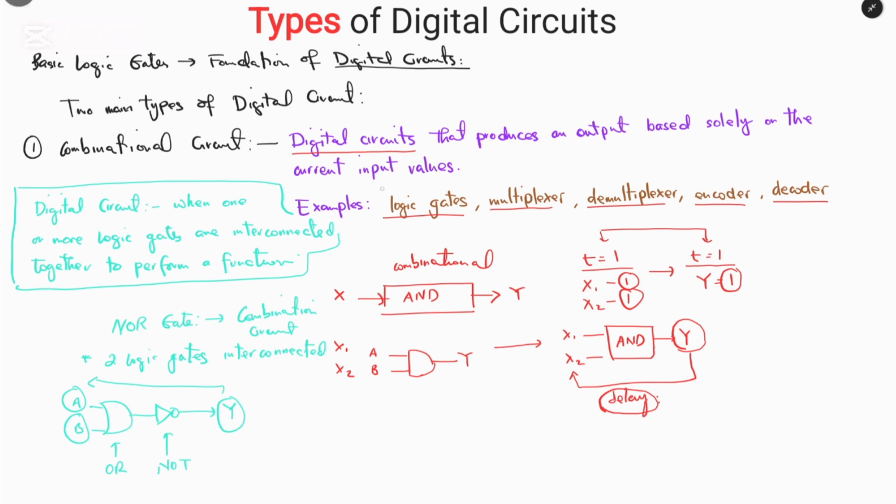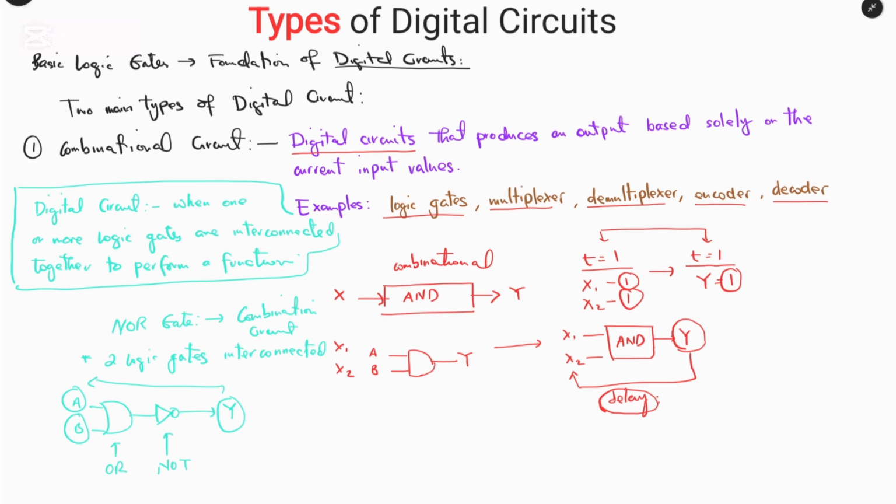Later on, we will explain the multiplexer, demultiplexer, encoder, decoder, and other combinational circuits, where you can design your own digital circuit based on your requirements. Whatever you want to design, if you want the output to act at the instant the input changes, you can design your own combinational circuit.